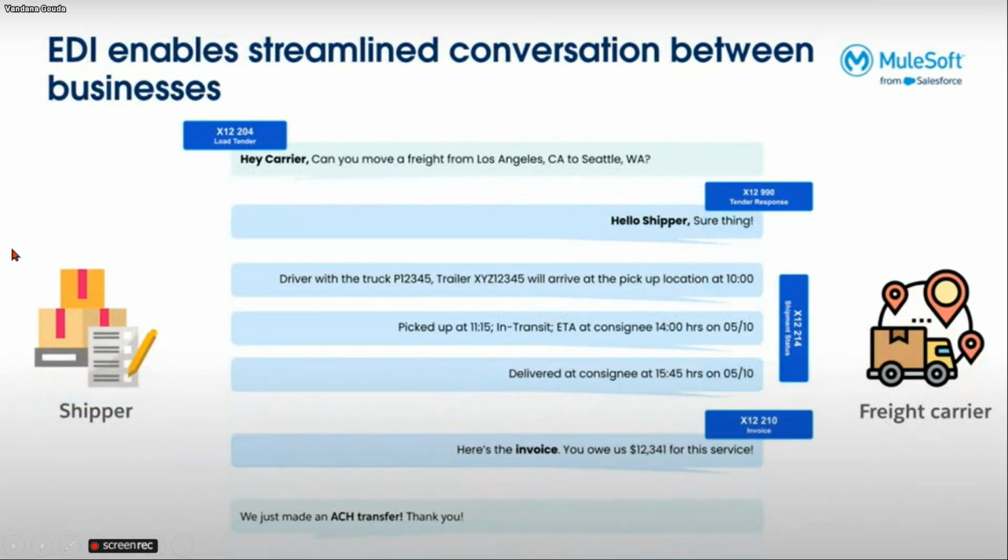In the same way we have shipper to freight carrier, and we need to know which transactions are involved there. I just explained this in a normal way. If you need anything, we'll discuss more in our advanced session. Okay.